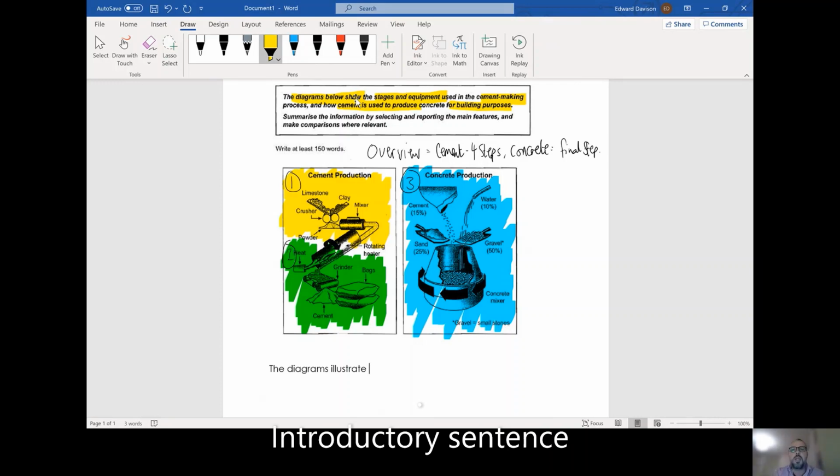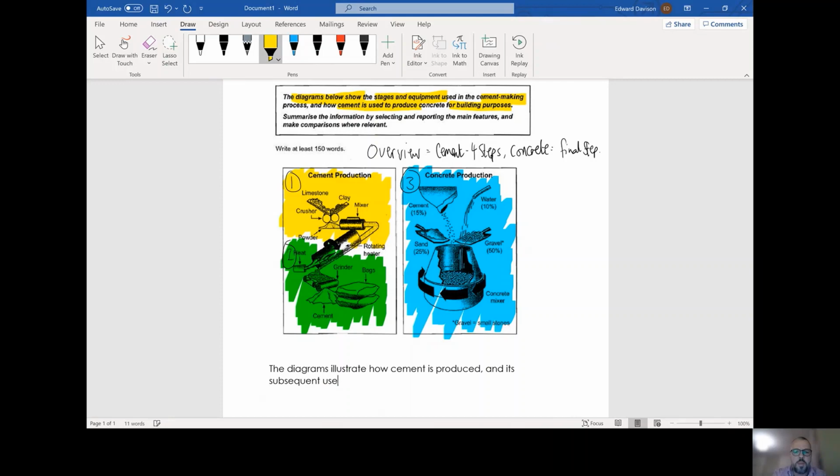The diagrams illustrate stages and equipment used in cement making. Well, how cement is produced and its subsequent use in the production of concrete.